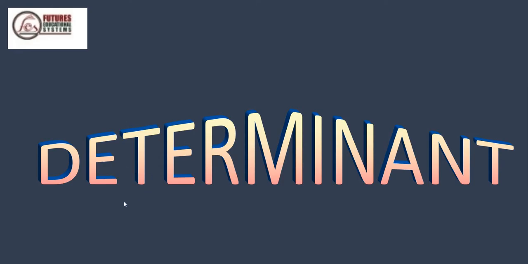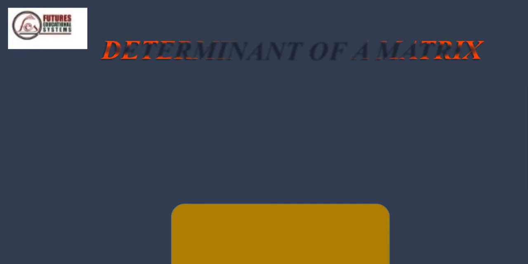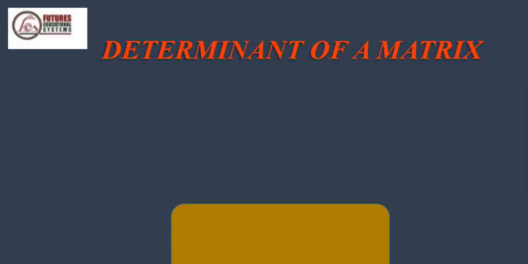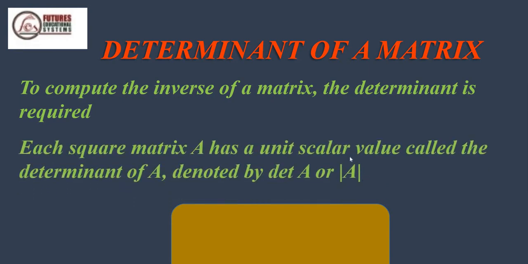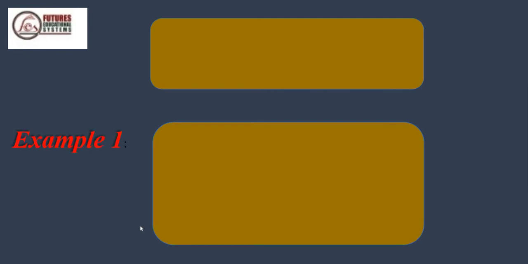Determinant of the matrix. It's denoted by determinant E. If we have matrix E, put a determinant at it. Example 1.